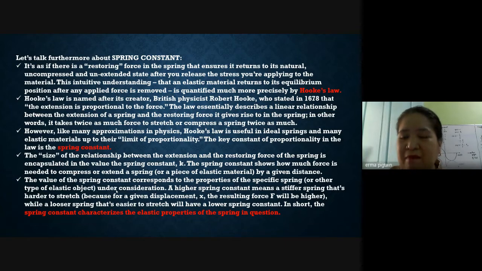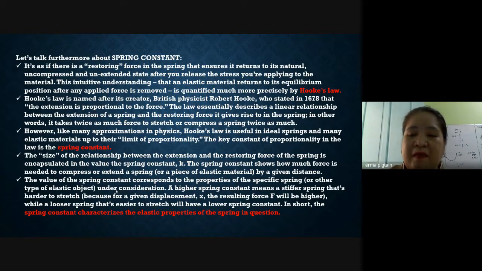Yun yun. Okay? Mas matibay. Kaya pag mas mataas ang spring constant ng isang elastic material, ibig sabihin, nagre-require siya ng mataas din na external force if you wanted to prove the existence of Hooke's law. If you wanted to prove na magagamit mo si Hooke's law. Okay? Kasi sabi nga, mas mataas ang spring constant, mas stiffer yung elastic material.